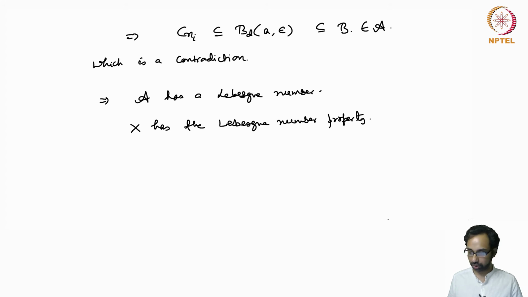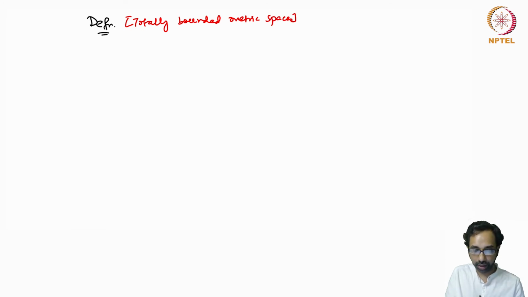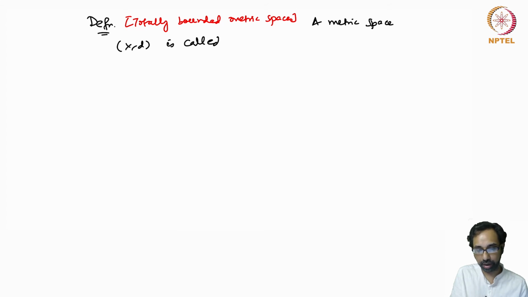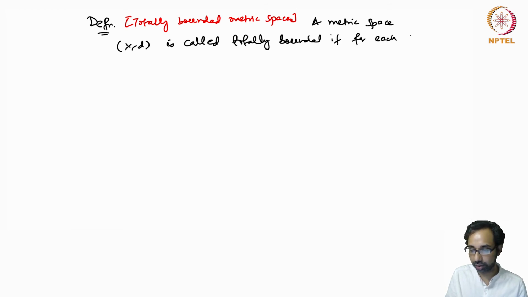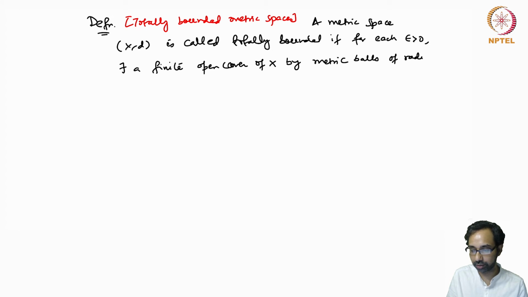Now we will use yet another property which is called total boundedness. So let us define what is totally bounded. Totally bounded metric spaces. A metric space (X, d) is called totally bounded if for each epsilon greater than 0 there exists a finite open cover of X by metric balls of radius less than epsilon.